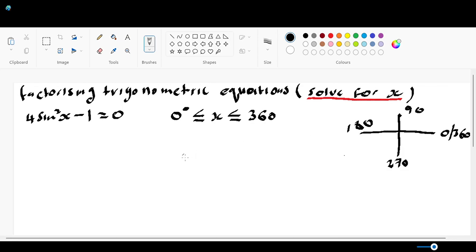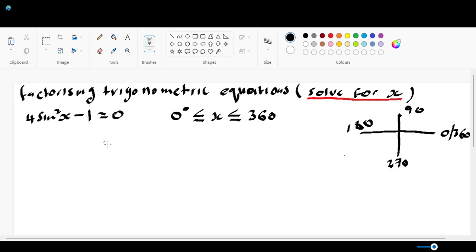So meaning the x that we are looking for here should be within one whole cycle. Remember, from 0 to 360 is the whole CAST diagram, meaning all the quadrants here. But then it will depend on our x. How do we find our x?